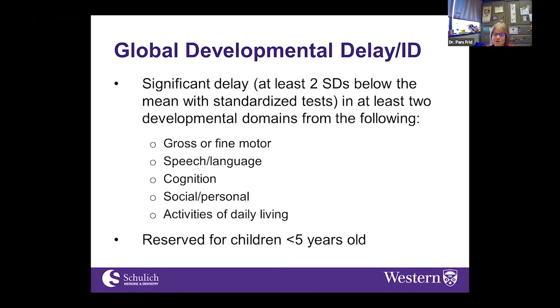So the important thing to know about this paper is that it got used in terms of making people very zealous about doing investigations. So in the paper, when they talked about global developmental delay, they said this paper should apply to children with significant delay. And by that, they meant at least 2 standard deviations below the mean with standardized tests.